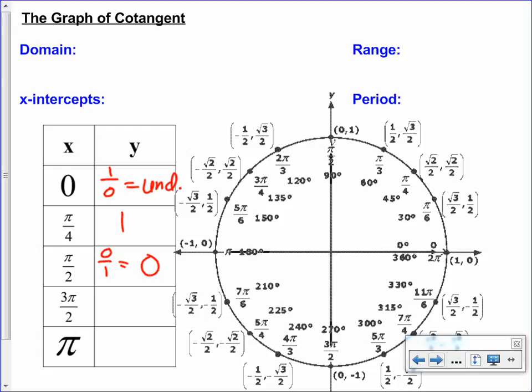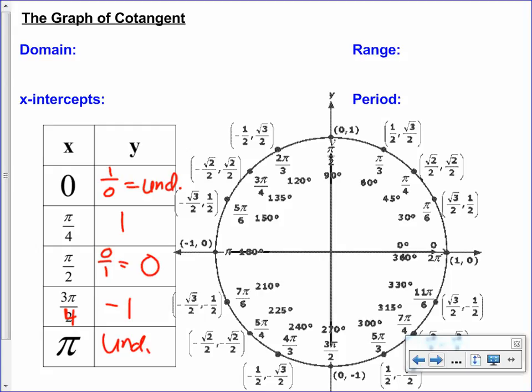At 3 pi over 4, sorry about that, that should be 3 pi over 4. Yep. And then you got -1. And then back to pi, which is right here, undefined. So this is undefined too.